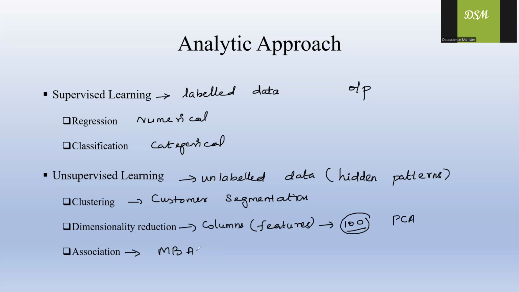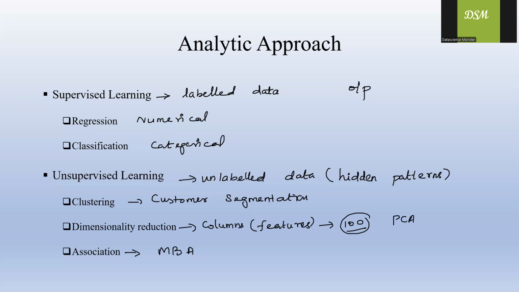So in market basket analysis, we want to find which products are frequently bought together. So this will help the retailers to understand about the customer behavior and also the product placement. For example, when a customer buys bread, they are likely to buy butter as well, isn't it? So this insight can be used for better marketing as well as for promotions.